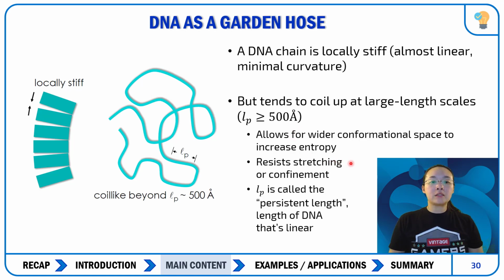So this allows for wider conformational space to increase entropy. It's going to resist stretching or confinement. And essentially, this LP is called the persistent length, the length of DNA that's considered completely linear. Anything past this persistent length is going to be considered coil-like. So that's a key difference between the two here.